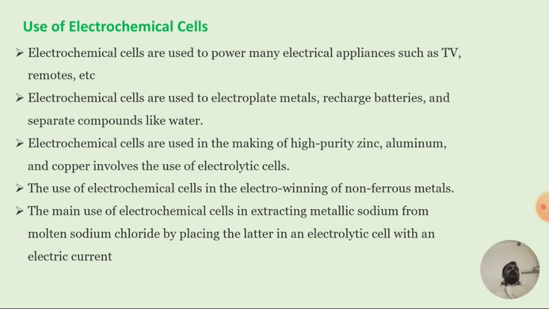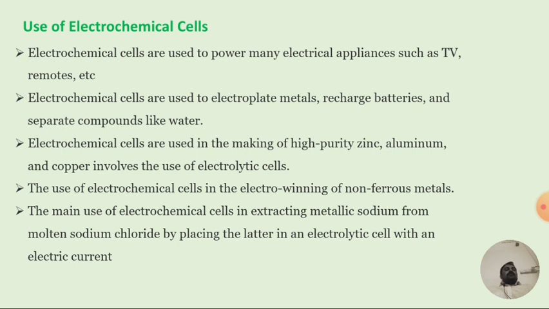The electrochemical cells are used in making high purity zinc, aluminum, and copper in electrolytic cells. Because there is a specific potential for these metals, we can make high pure zinc and aluminum. We can remove other metals, which are impurities.